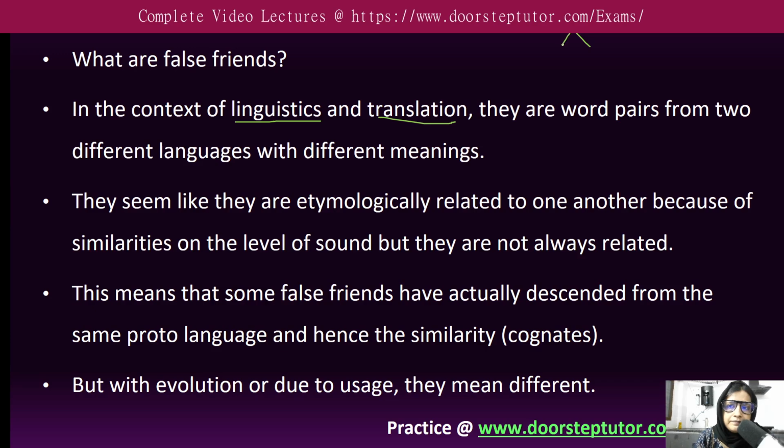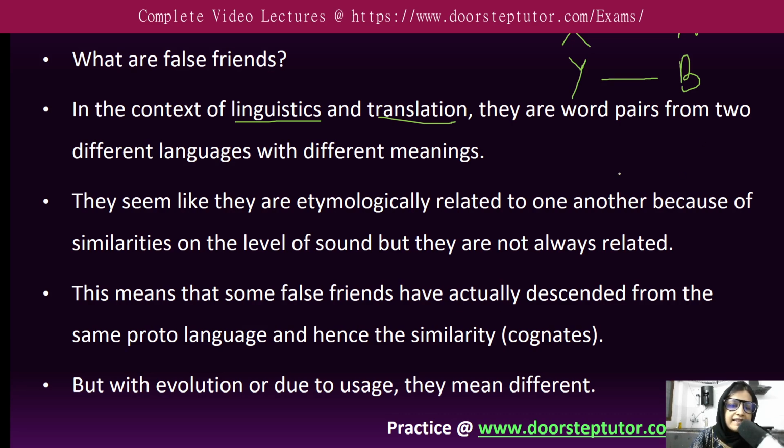Okay, so let's say there are two words X and Y. Now X belongs to, let's say, language A, and Y belongs to language B. Okay, A and B are different languages, and the meanings of X in A and Y in B are also quite different. Now X and Y, they look like they are similar. In what sense?